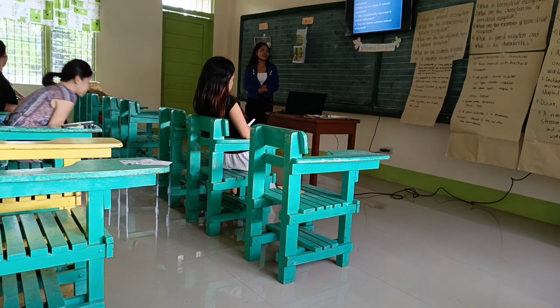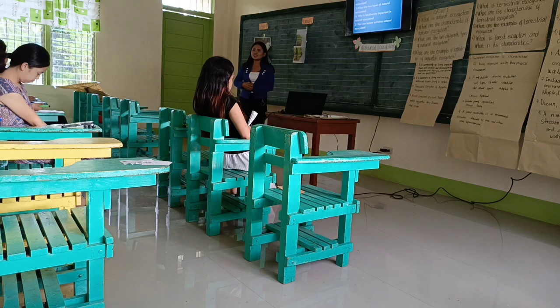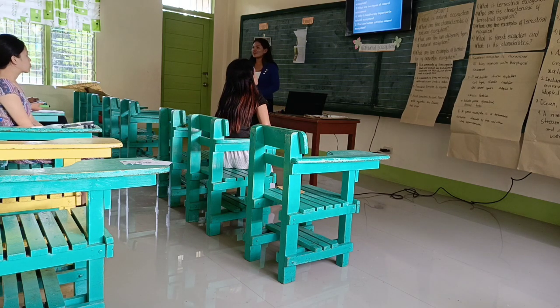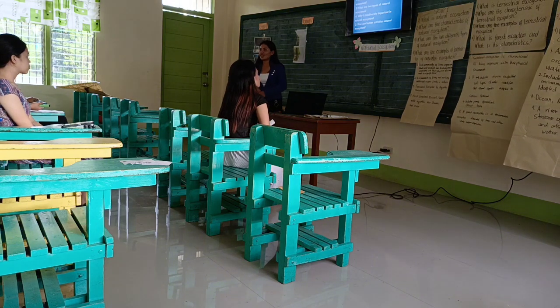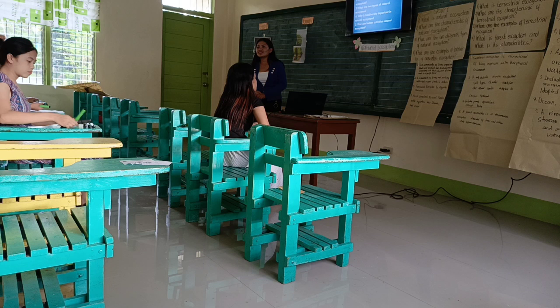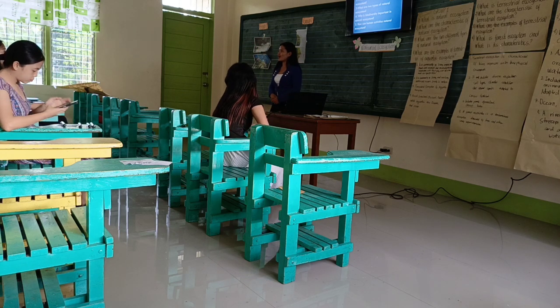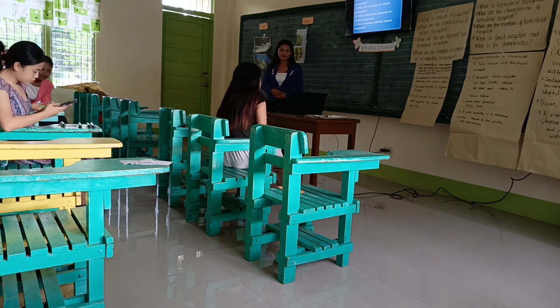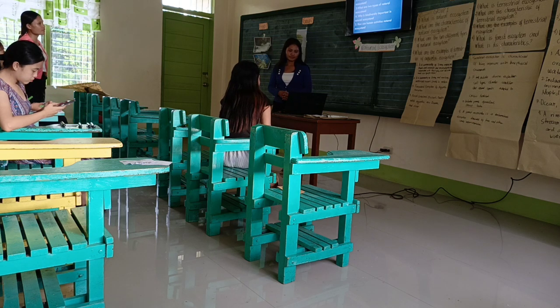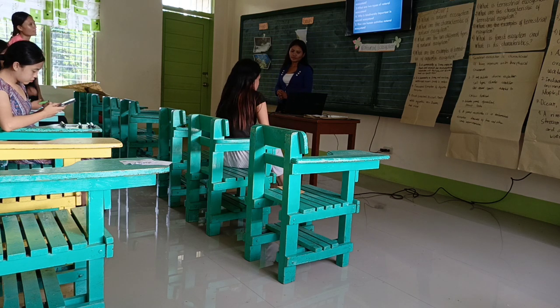Okay, very good. Now class, what are the 2 different types of natural ecosystem? Lady? The 2 different types of natural ecosystem are terrestrial ecosystem and aquatic ecosystem.